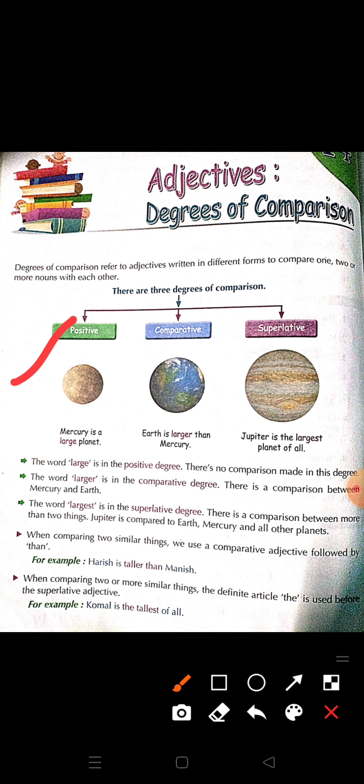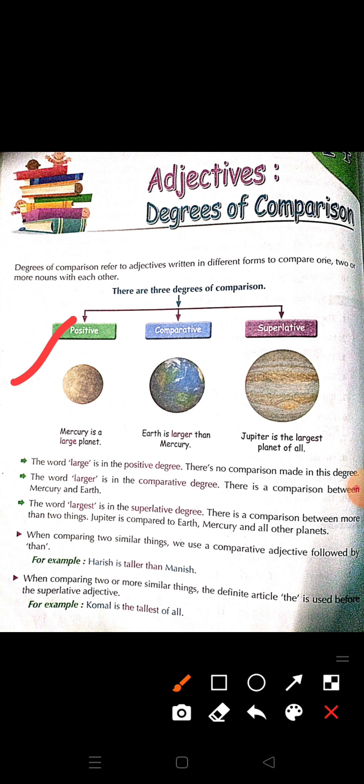Then, Earth is larger than Mercury. Here we are comparing two things. Okay, so it's a comparative degree. Next one, Jupiter is the largest planet of all. Here we are comparing it with more than two.